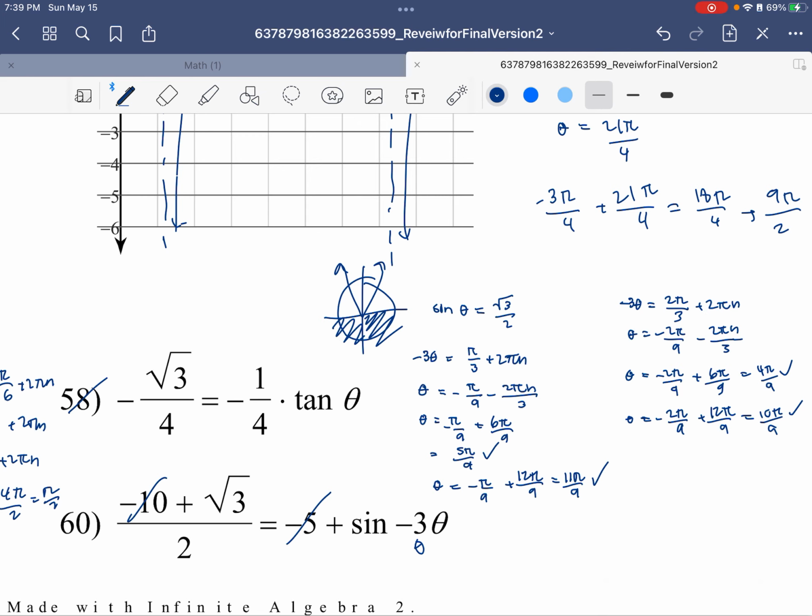And so what I like to do with sine is, since a lot of these worked, we don't have to keep plugging. You can look at the values, and you can even write them smallest to largest.